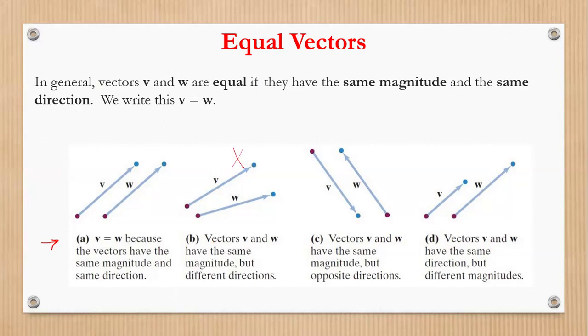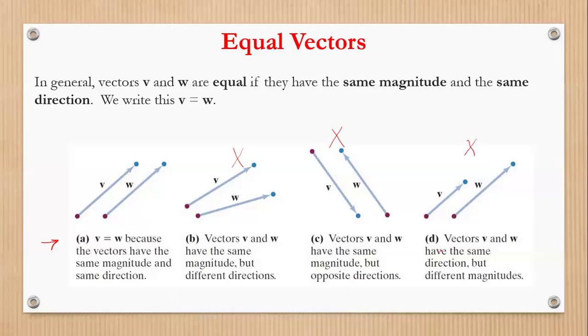In part C, the two vectors again have the same magnitude, but in opposite direction, so they are not equal as well. In part D, the vectors are pointing in the same direction, but not with the same magnitude, because one of the lengths is shorter than the other one. So these are not equal as well.